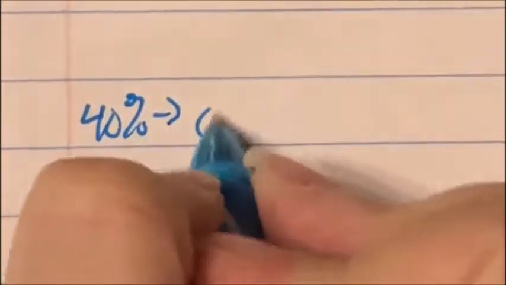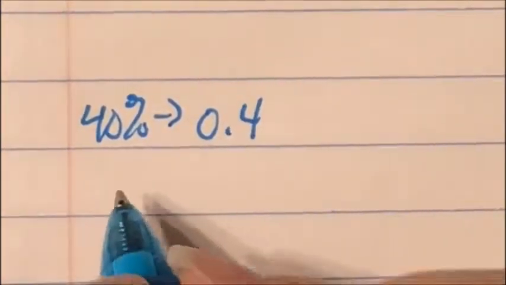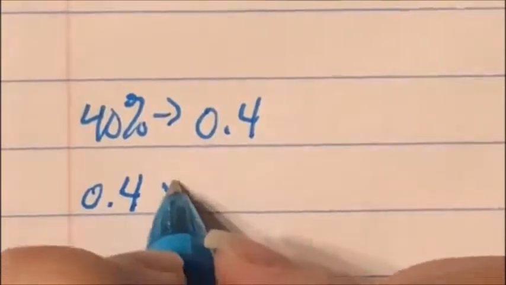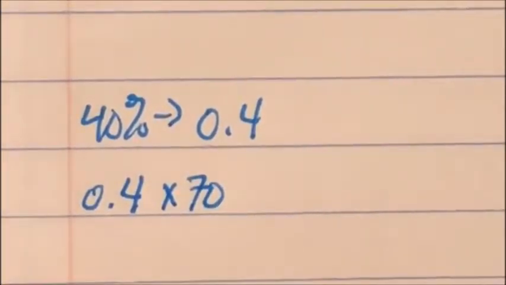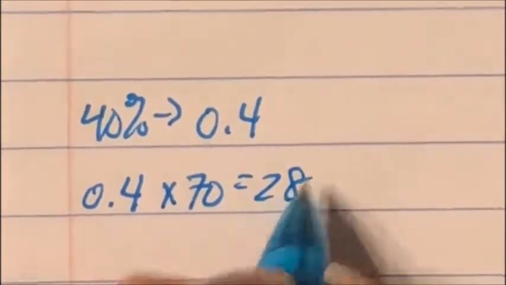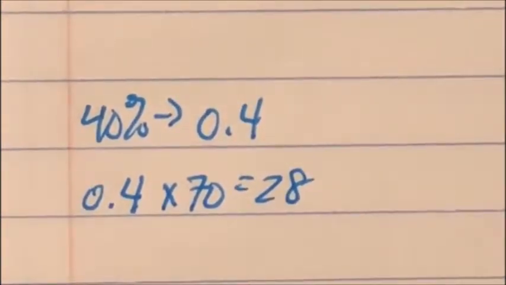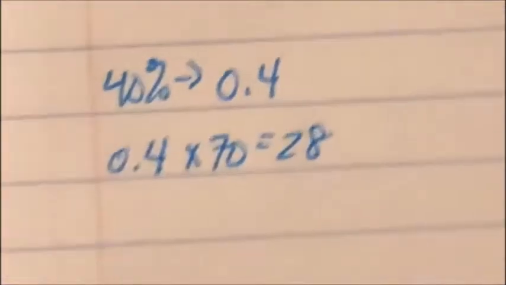So going over to my workspace, so I have 40% becomes 0.4, okay? Remember, of means multiply, so I'm taking 0.4 times 70. That equals 28. So 40% of 70 equals 28.